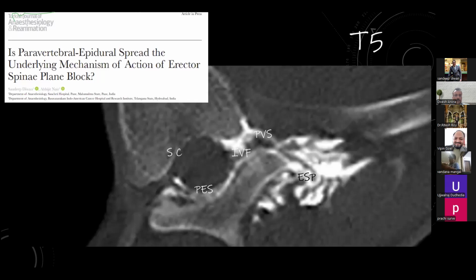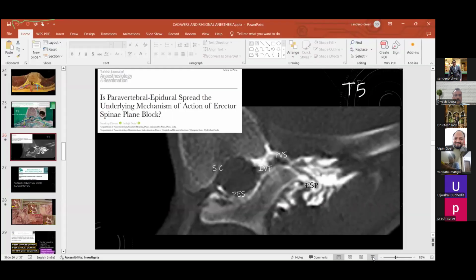That's why I always try to caution those who perform bilateral ESP: when you do a unilateral ESP, always look at the hemodynamics and then go for the next ESP on the other side, because the hypotension occurs quite rapidly. That is what I have seen, because the injections are done quite rapidly. The speed of the injection has to be controlled. That is not being controlled in all these fascial plane blocks. This is what the problem is.